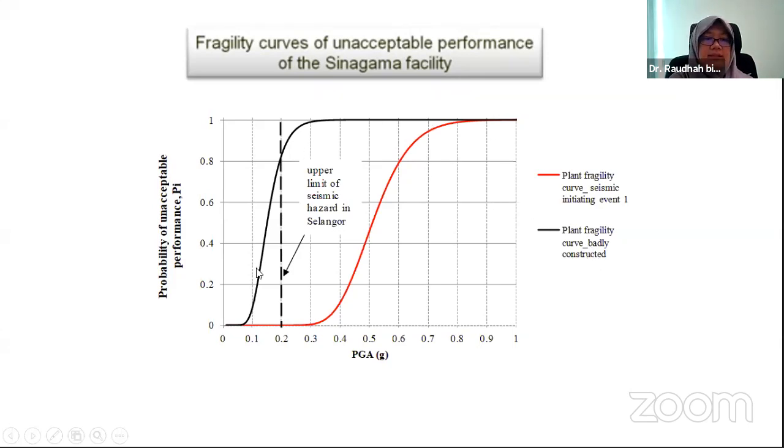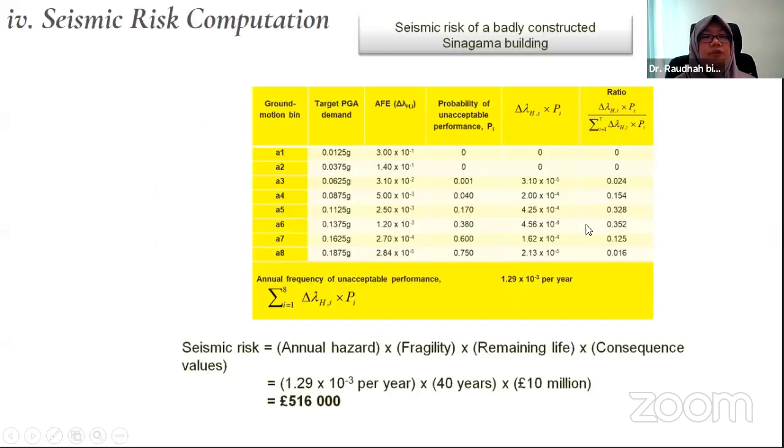If it is badly constructed, there will be risk, and there will be a calculation of risk. The black line here, fragility, I'm using just for the purpose of calculating the seismic risk computation.